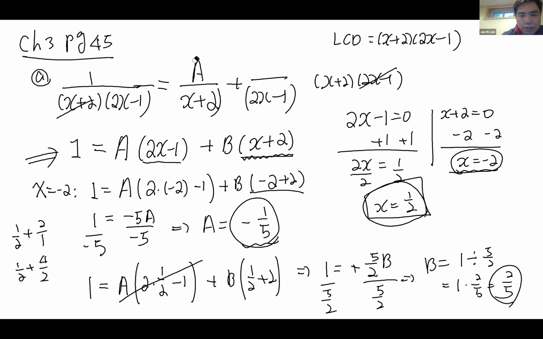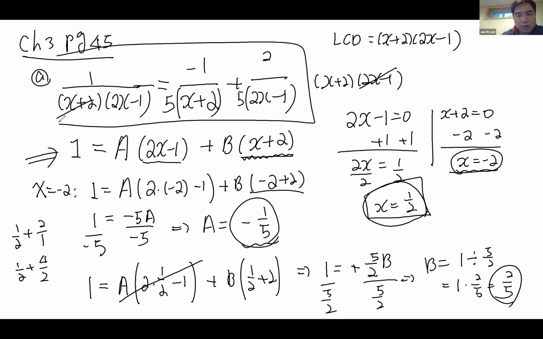I can rewrite this: negative 1 over 5, and then B is 2 over 5. So that will be our partial fraction for this complex fraction basically.